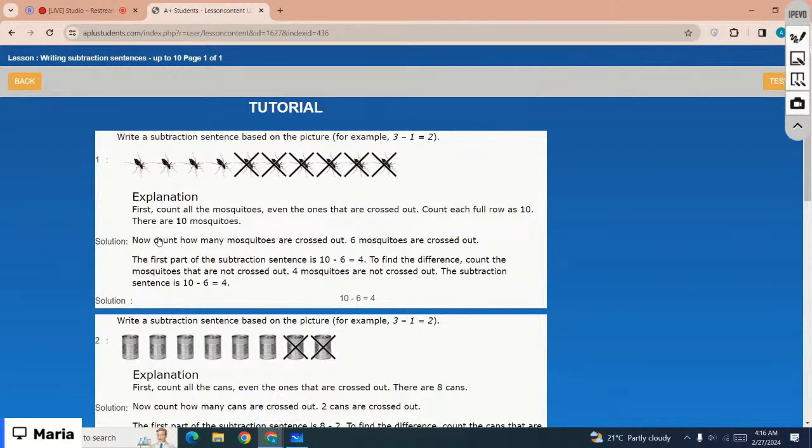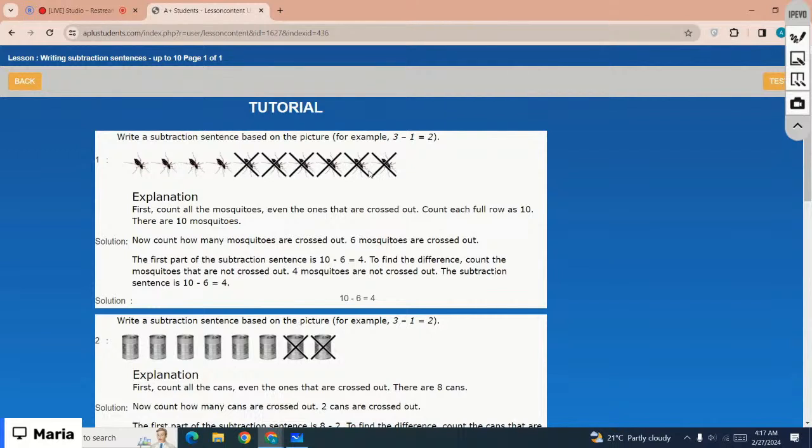picture. You have to understand the visual representation you are given and then make a sentence. For example, here you can see, first you need to count the total, right? 1 2 3 4 5 6 7 8 9 10.